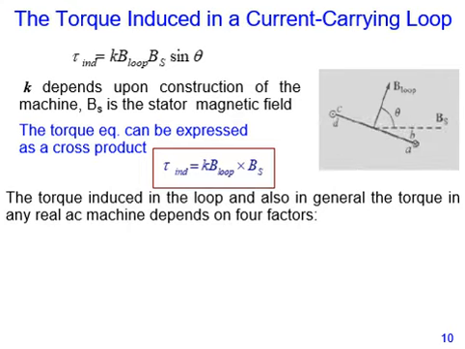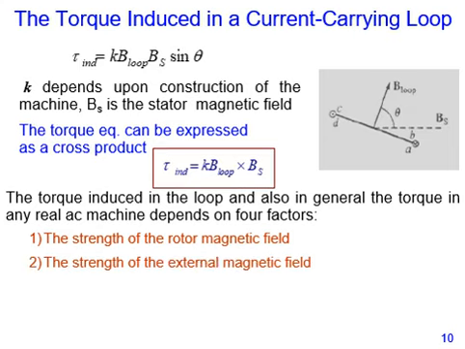The torque induced in the loop, and also in general the torque in any real AC machine, depends on four factors: the strength of the rotor magnetic field, the strength of the external magnetic field.